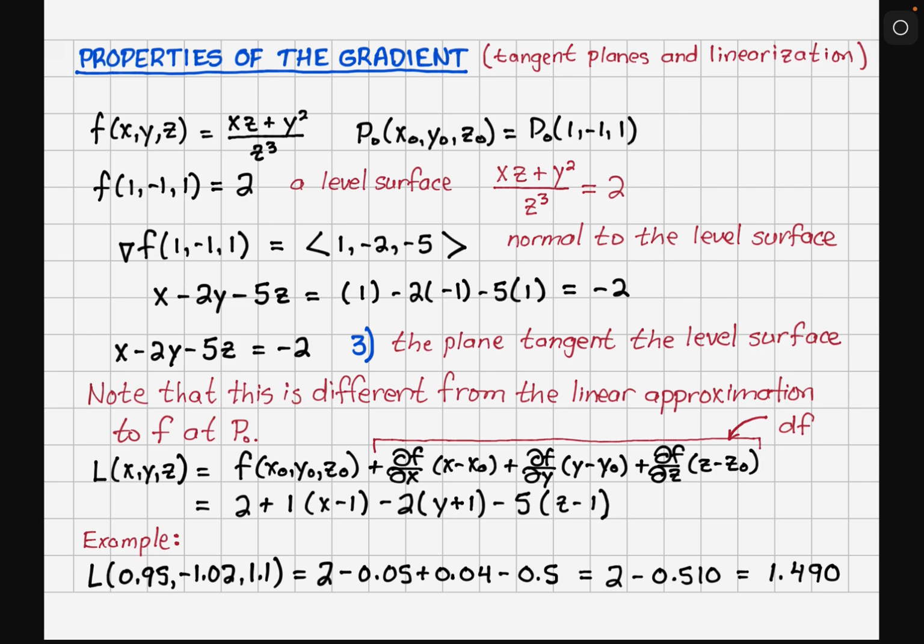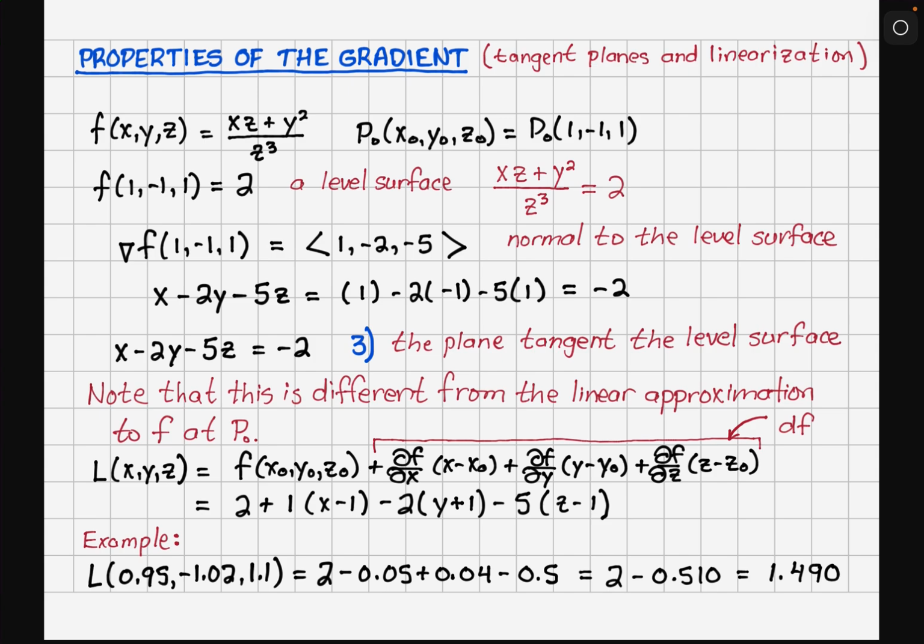The value of the function at that point is 2, and this creates a level surface. The quantity xz plus y squared over z cubed equals 2. Now we already know the gradient of the function at this point, (1, -1, 1), is (1, -2, -5). And this vector is normal to the level surface.